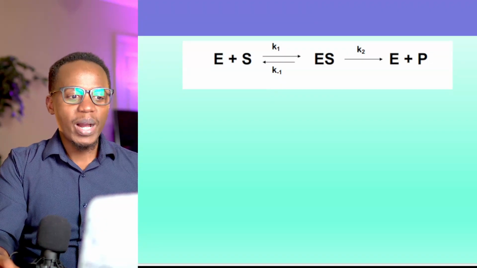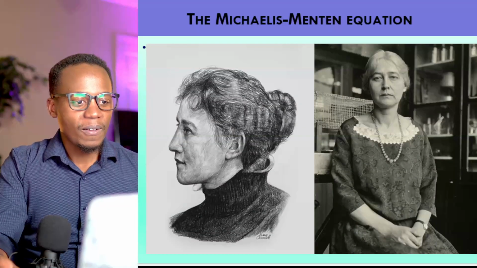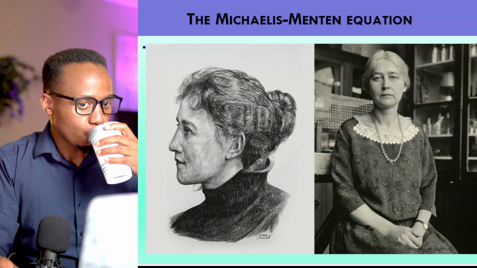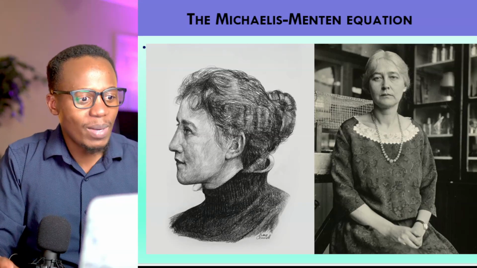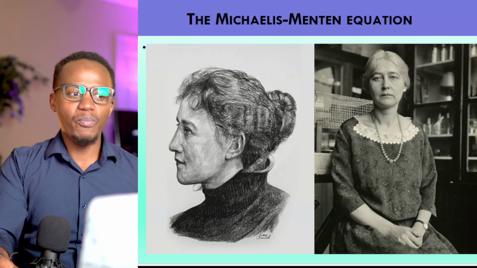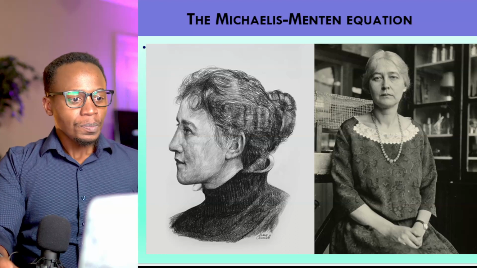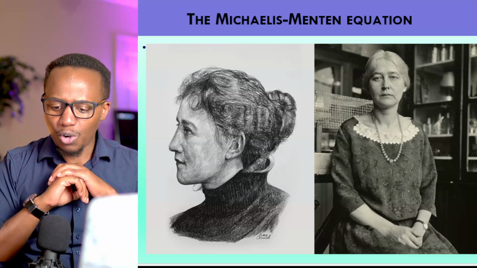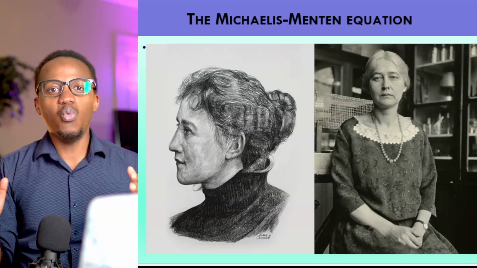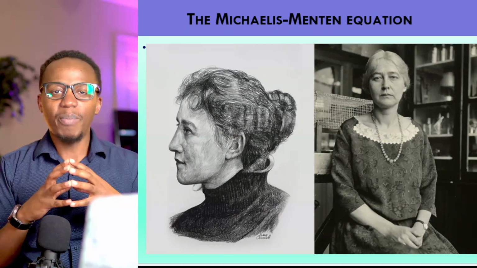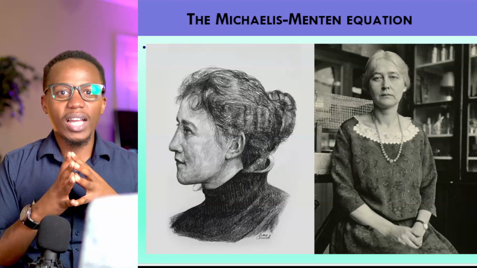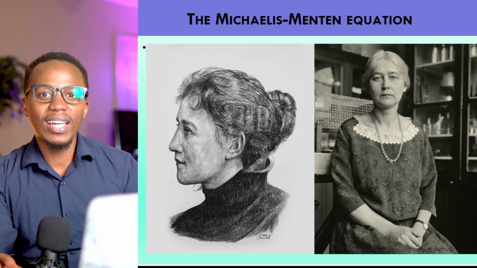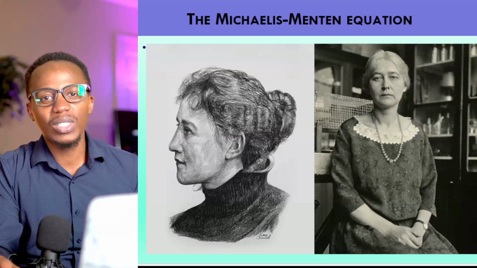By the way, Michaelis, this lady Michaelis is a legend in biochemistry, and she has a crazy story about how she wanted to study biochemistry from a young age, but she couldn't because at the time women couldn't study biochemistry and they couldn't do science.